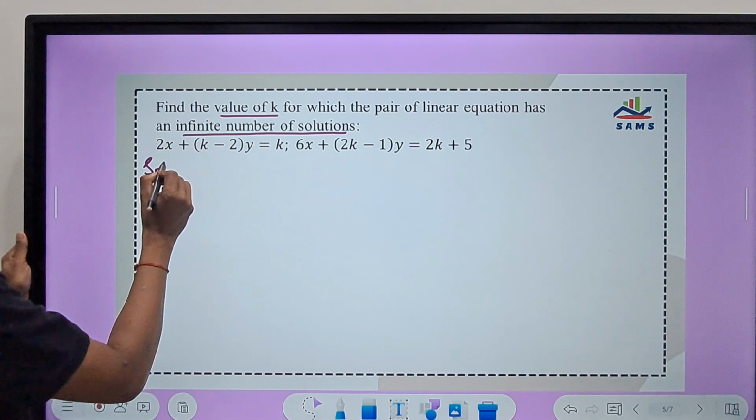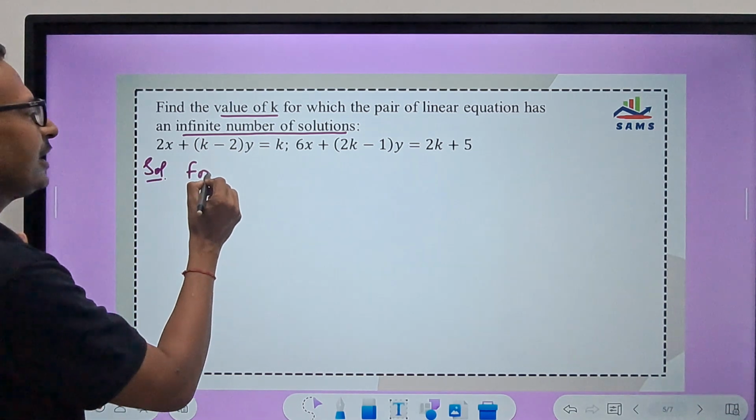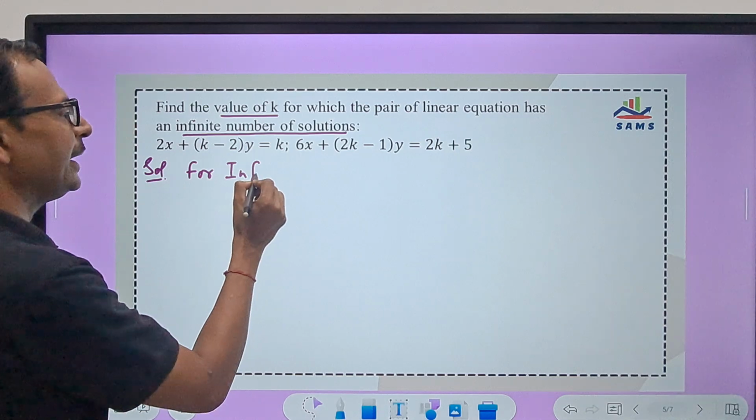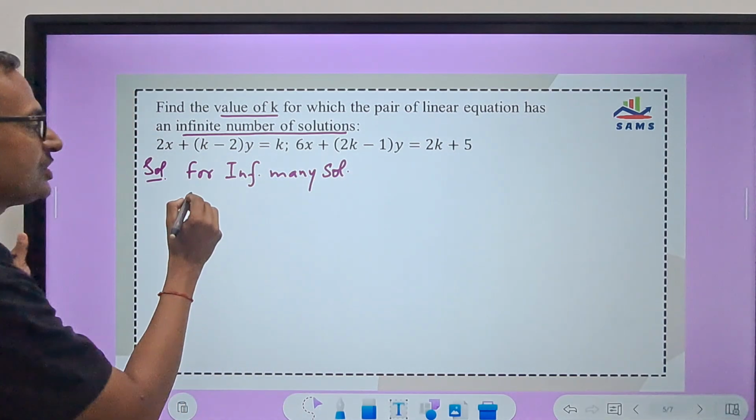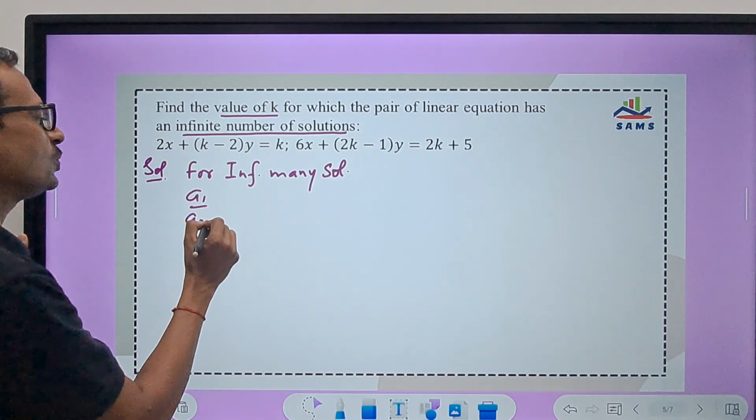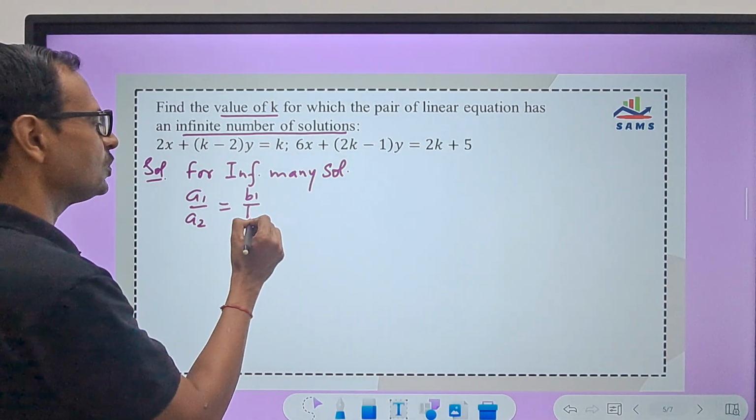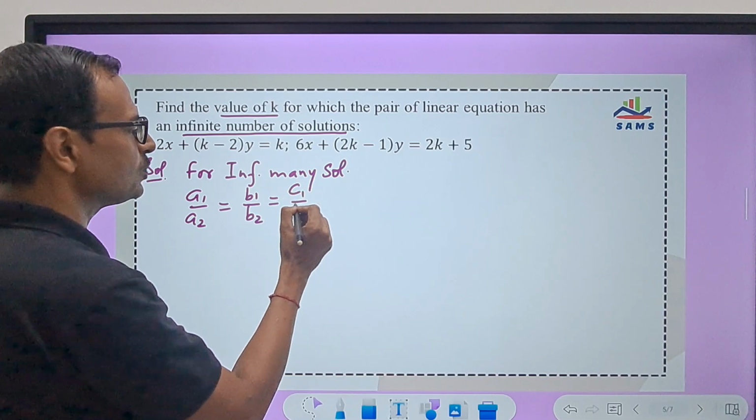Let's do this. Now for infinitely many solutions, you should know the condition first. a1 upon a2 is equal to b1 upon b2 is equal to c1 upon c2.